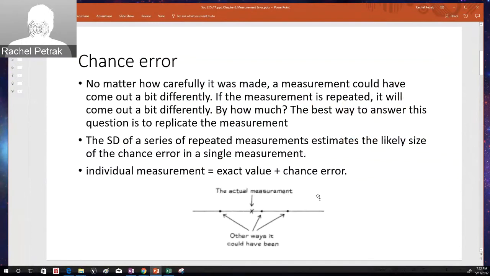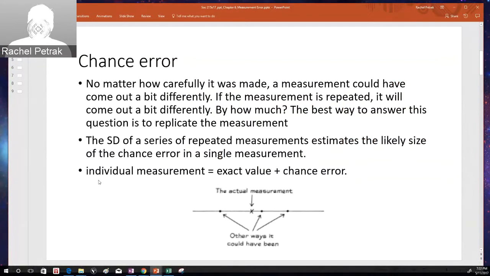While the standard deviation of a series of measurements is telling us the standard amount of deviation expected in this variable based on our sample, it also tells us the estimated size of error in any individual measurement.